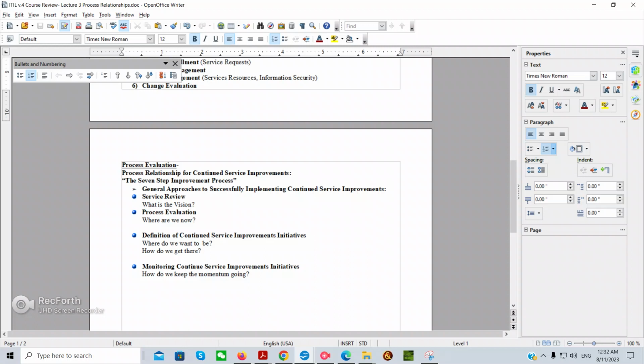Process evaluation: where are we now? Definition of continual service improvement initiatives: where do we want to be, and how do we get there? And we have monitoring, which should be continued with the continual service improvement initiative. That is essentially: how do we keep the momentum going?